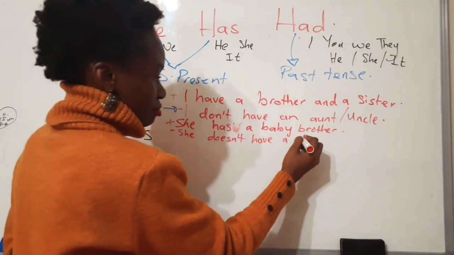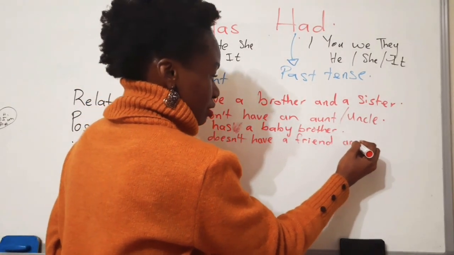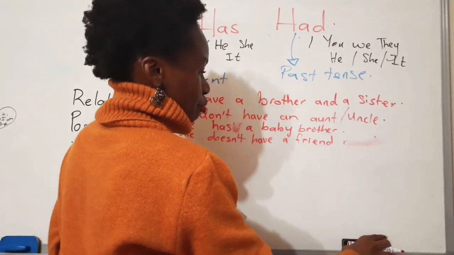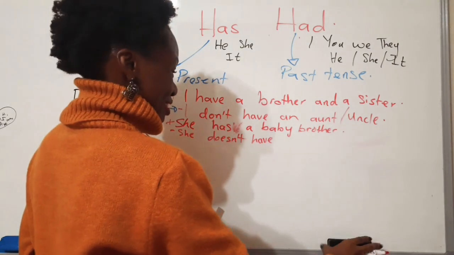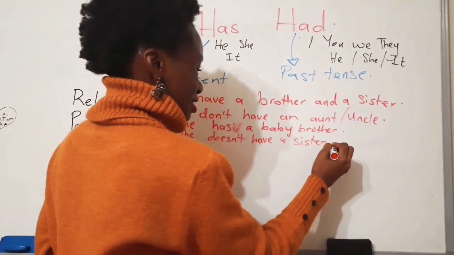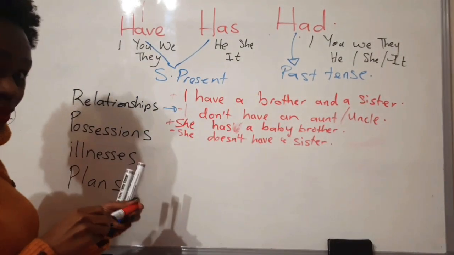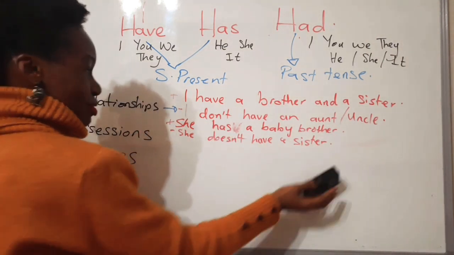She doesn't have a sister. She doesn't have a sister for relationships. Okay? In the comment section, please write examples to this.